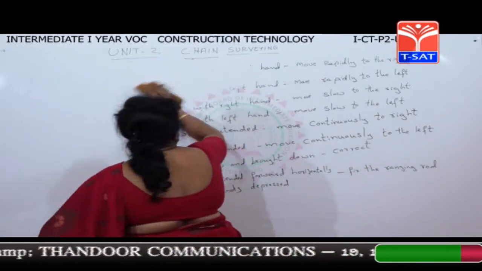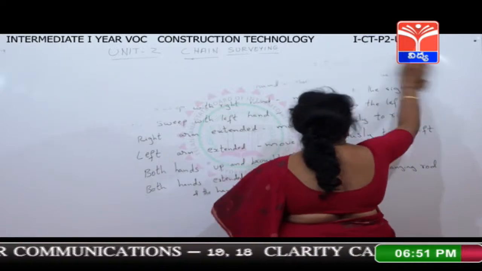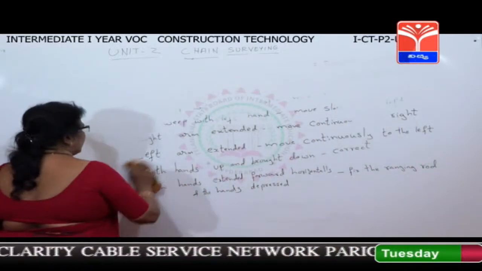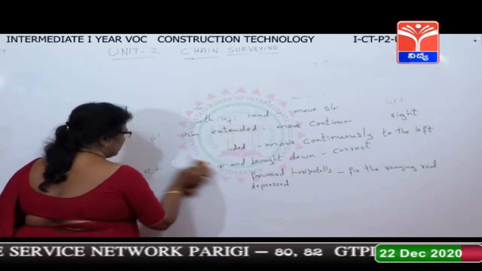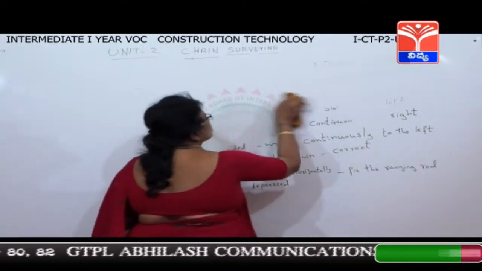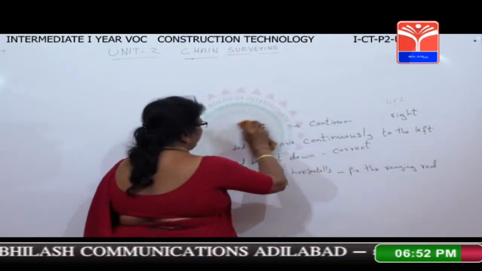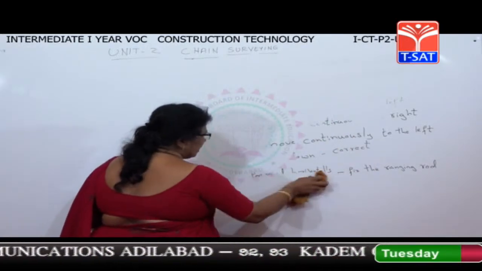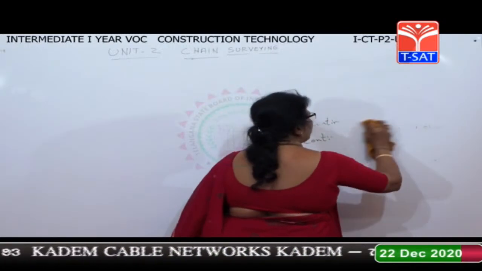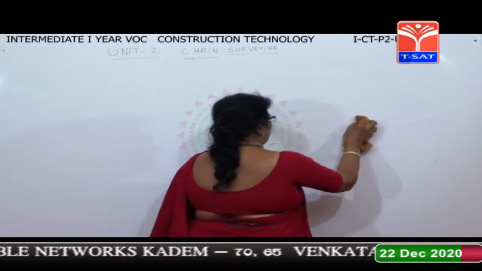So till now, if the ground is plain, we have followed different ways: direct ranging, indirect ranging, and chaining and all that. Now, if the ground has some slope, how we have to measure the distance on a sloping ground, that we will see now.